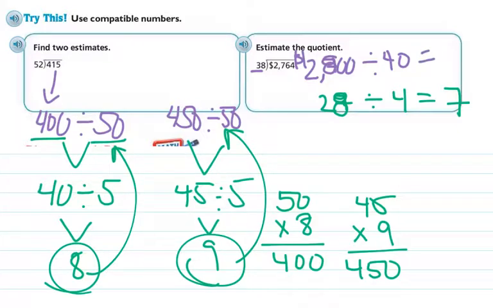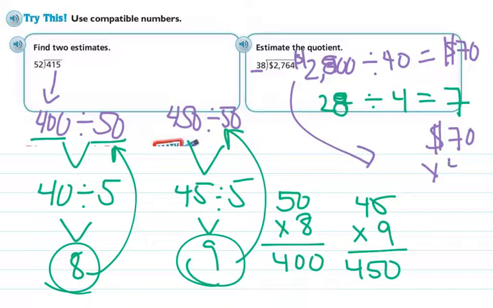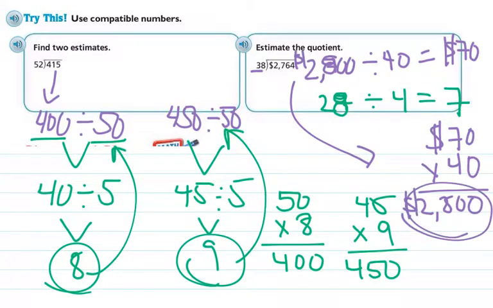So $2,800 divided by 40 would be $70. And if you were like, well, Miss G, I want to make sure that it's correct, I would say use multiplication to check your answer. So if we use multiplication to check our answer, we would get $2,800, which was what we wanted to get.